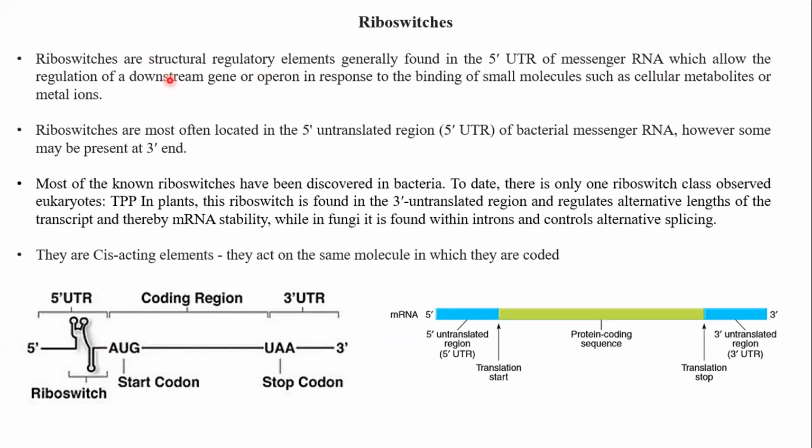The gene or operon responds to binding of small molecules such as cellular metabolites or metal ions, like Mg+2, and there are other metal ions which can bind and regulate gene expression.